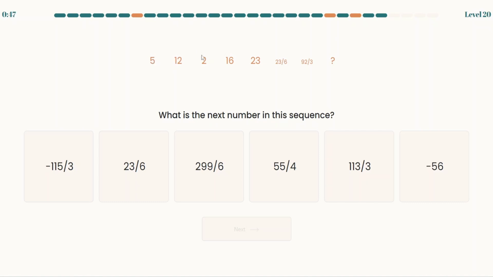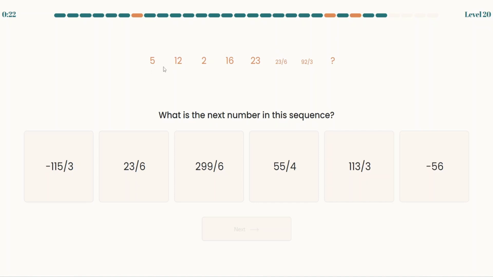So increase, decrease, increase, increase, decrease, increase, decrease. This is a really hard one as well.